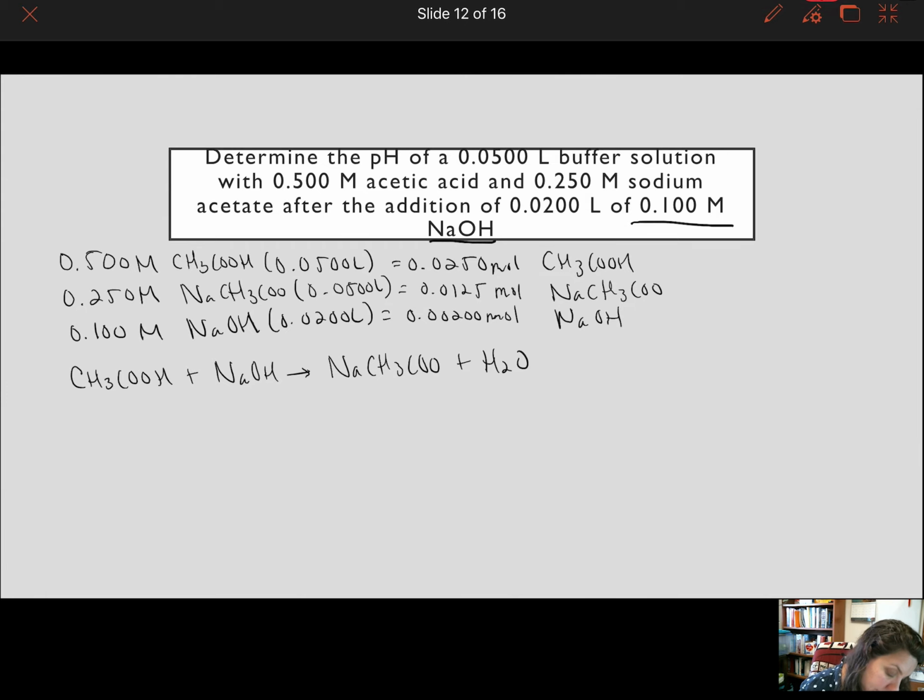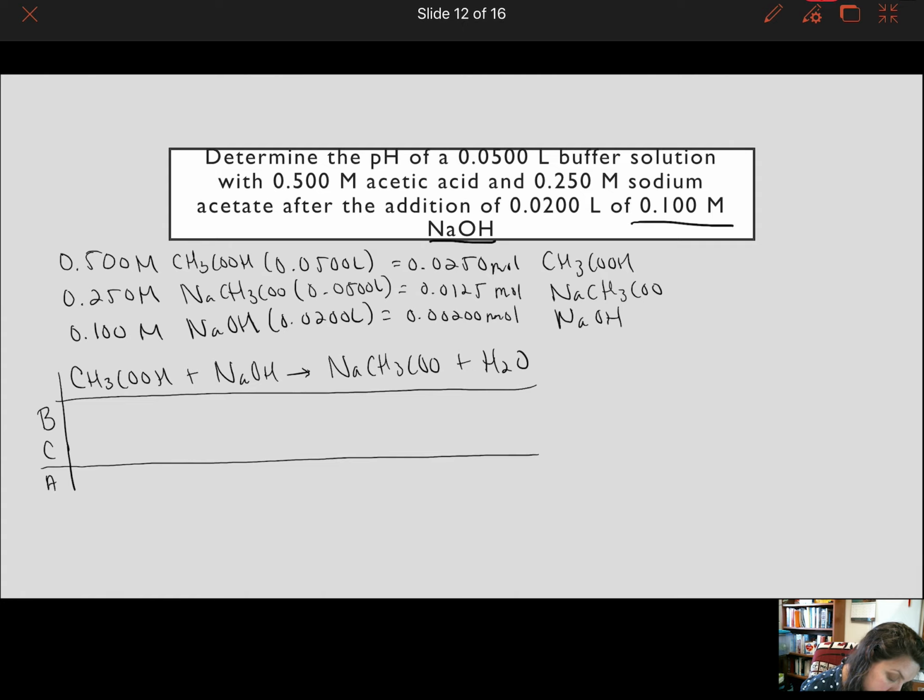Okay, we're now going to put in our moles that we started out with prior to the reaction. So we started out with 0.025 moles of acetic acid, 0.00200 moles of sodium hydroxide, and 0.0125 moles of our sodium acetate.